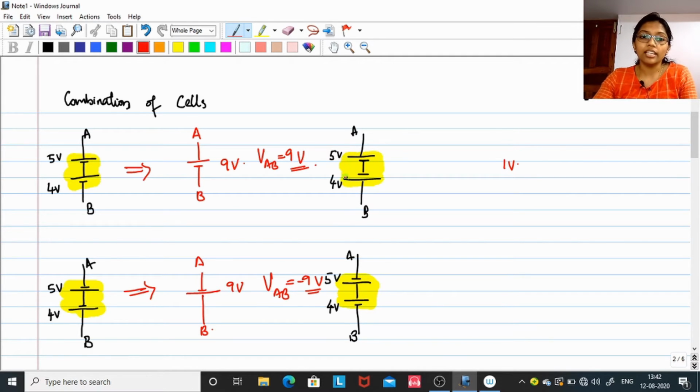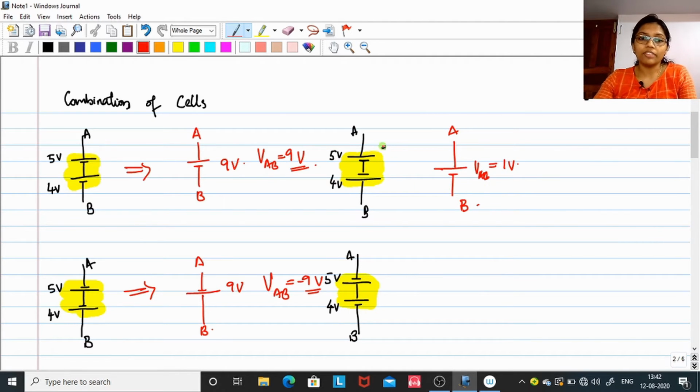In this case 5 is the bigger EMF source. So you have to connect to the terminal A the positive polarity of 5 volt, and negative polarity will go to B. So here your VAB will be 1 volt.